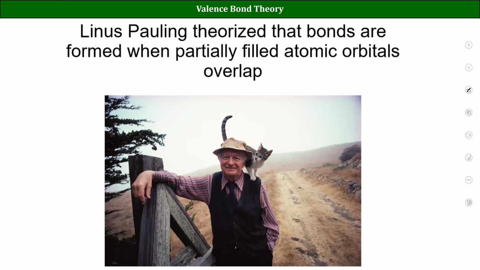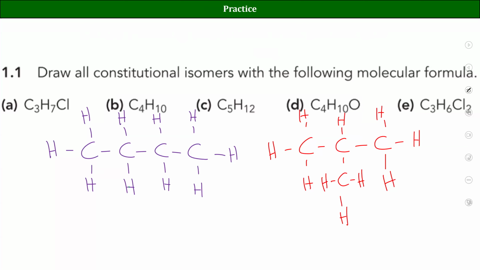So that's a skill we're going to keep building on. It's one of those things, the more we practice, the easier it gets to see them. And especially once we get confident enough that we can do skeletal structures, it speeds things up a lot. And so if I actually was going to do the C4H10O, I would do it.